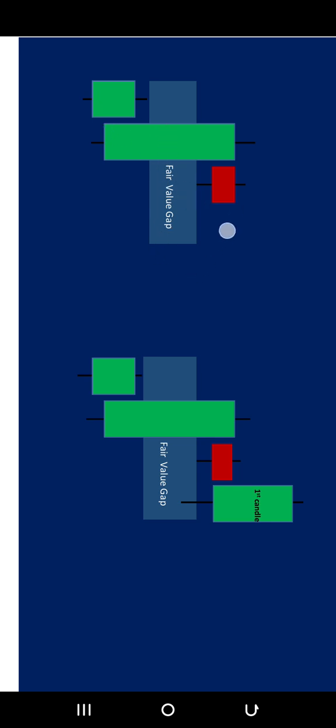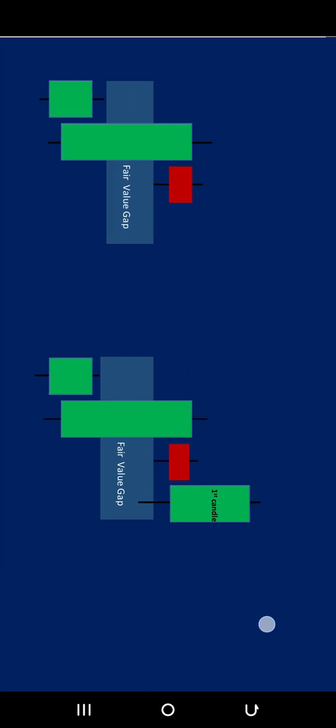So we expect that the first candle that will come in should be a rejection candle. And if it is a rejection candle, how do you now trade it? That is what I will be explaining to you now. I want you to pay attention, because by the end of this class, you will understand the concept of two candle rejection.